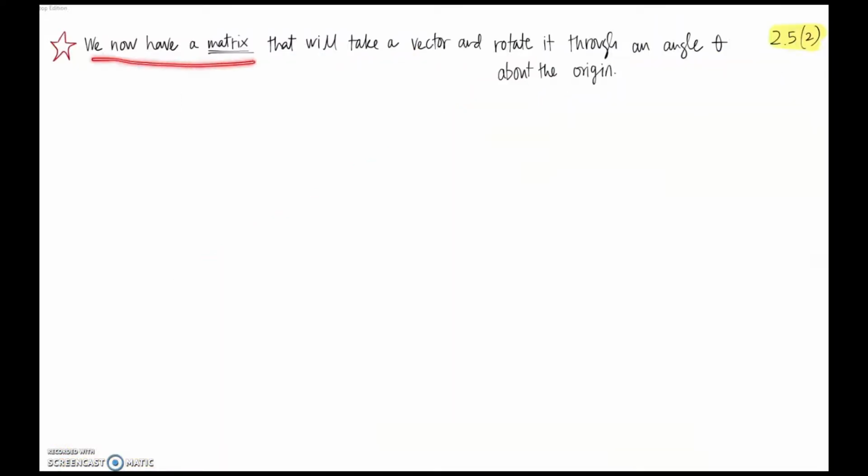So we now have a matrix that will take any vector, and we should say that that vector needs to be in R2, and rotate it through an angle theta. Last time we were using alpha, but you can use any Greek letter that's commonly used for angles. Rotate it through an angle theta about the origin.